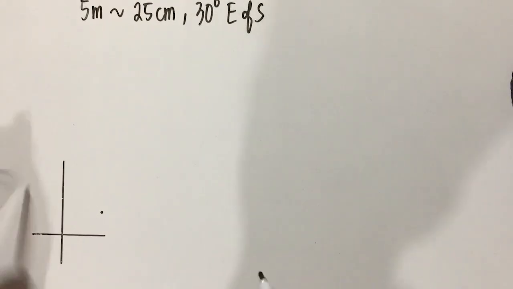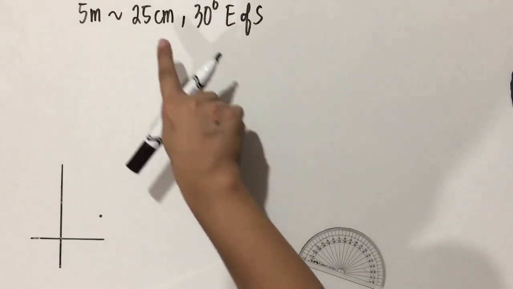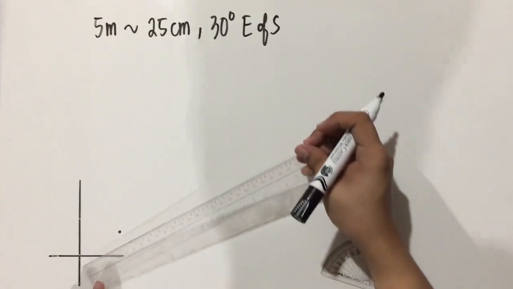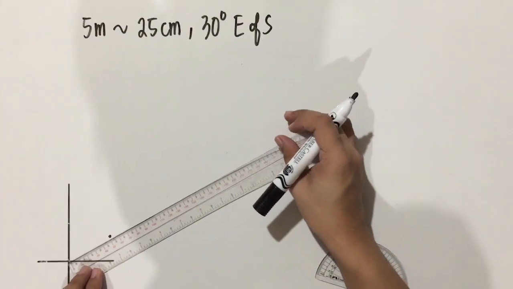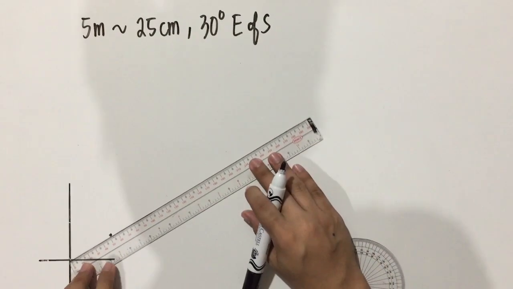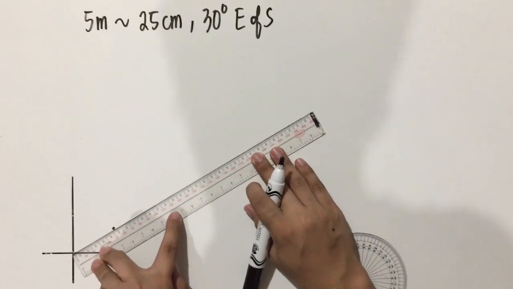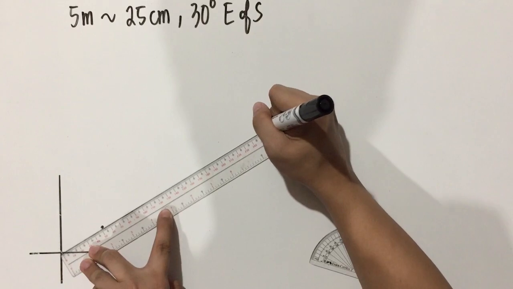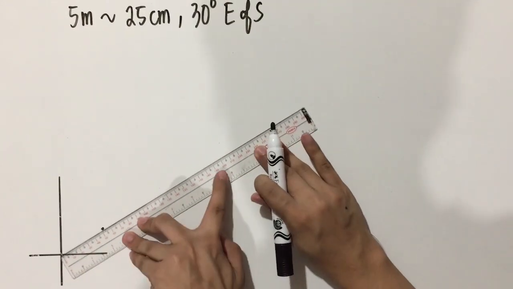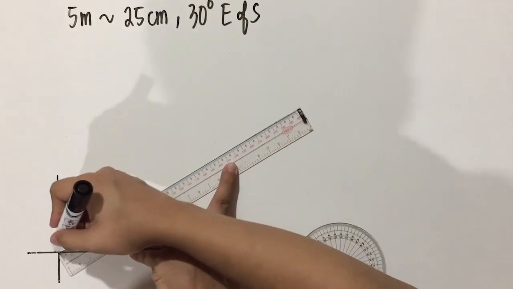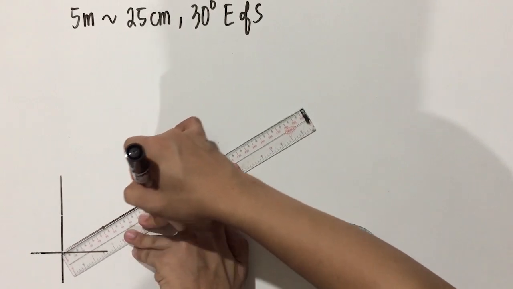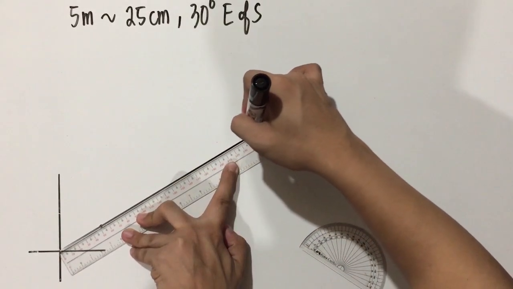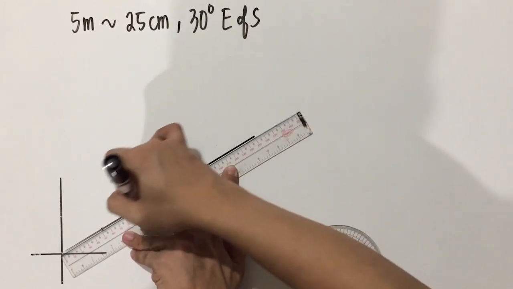Put a dot as a mark at 30 degrees. Then let's measure 25 centimeters using our ruler. Properly place the ruler, up to 25 centimeters only. So, let's draw a line for the magnitude of the resultant vector.